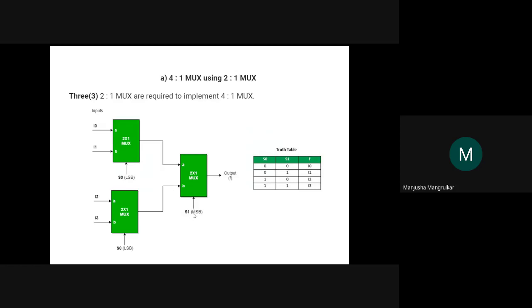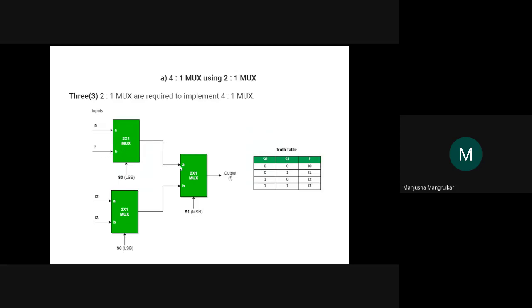S equal to S1. What data will come over here? I2 data will come over here. If S1 S0 is equal to 1 1, what data will come over here?